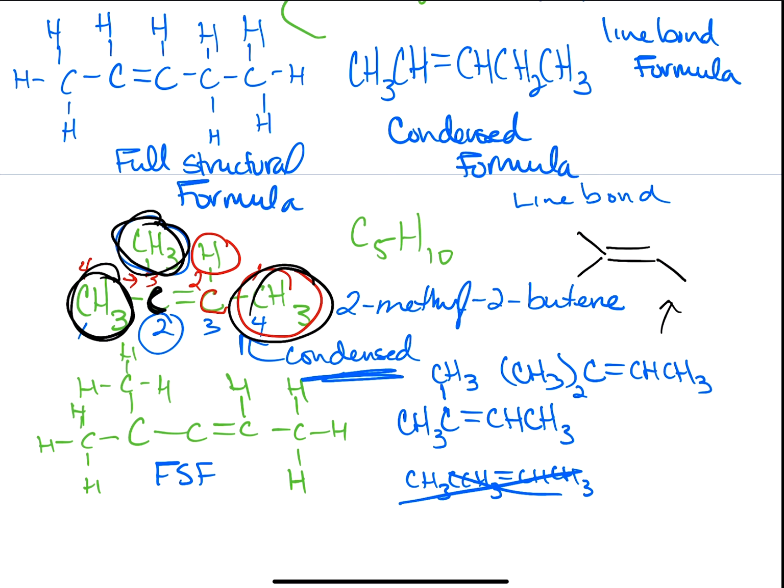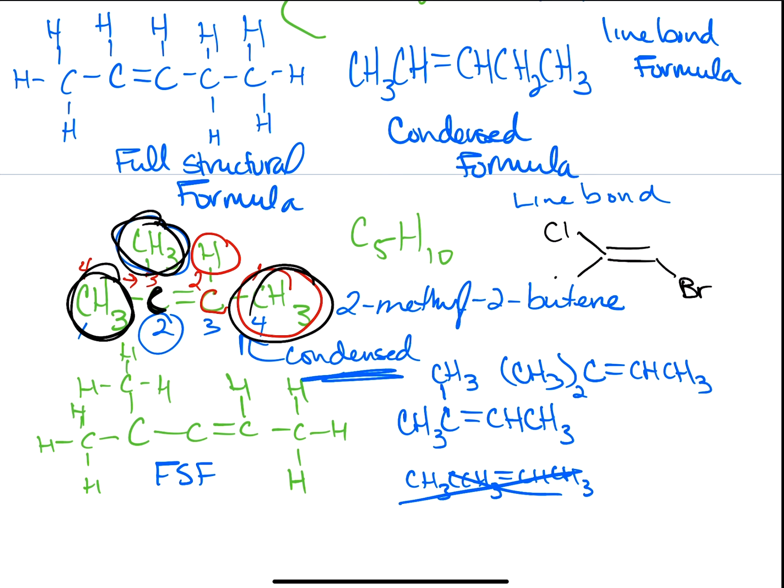Now, if you mean anything else at the end of the stick other than CH3, you have to draw it in there. So say we had bromine, you would have to draw a bromine there. If you wanted a chlorine, you'd have to put the chlorine there.